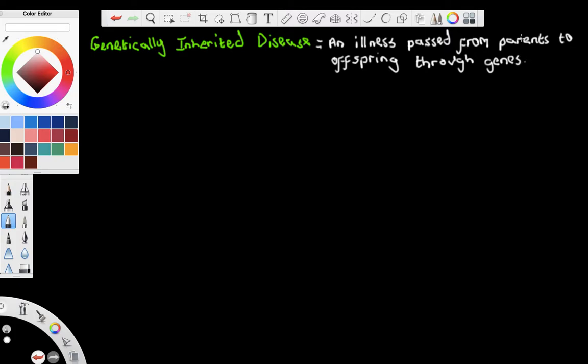Okay, so it's an illness that is passed from parents to offspring through genes.